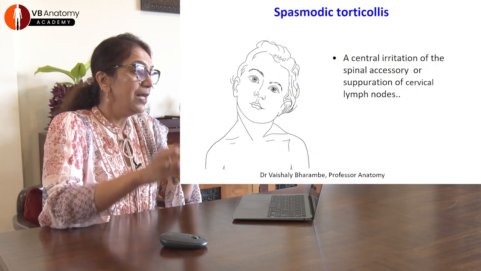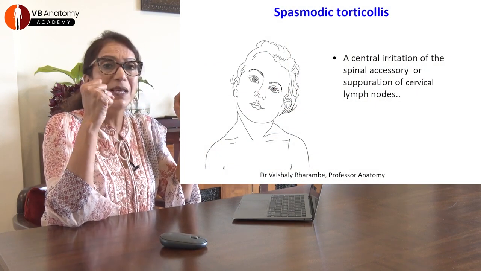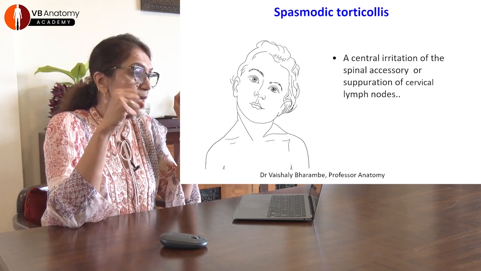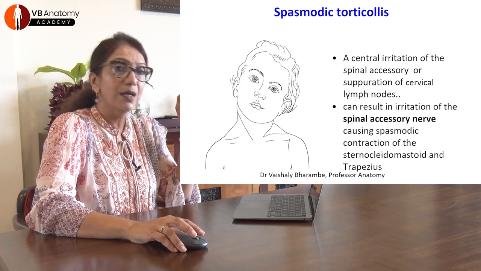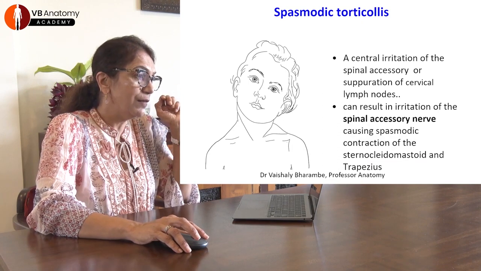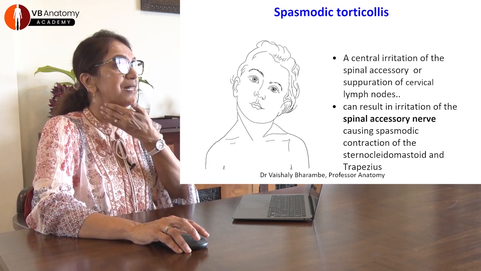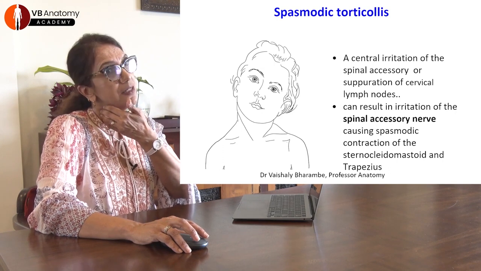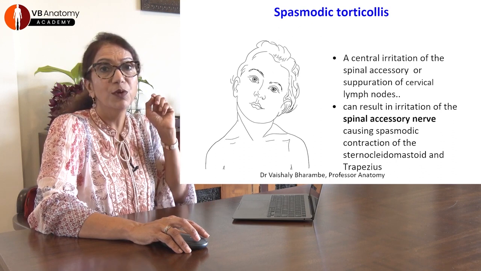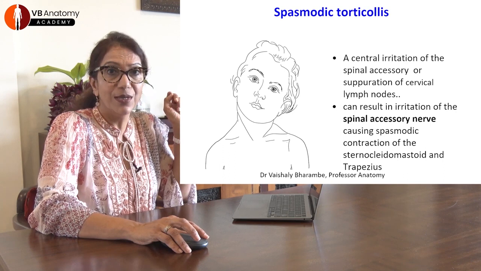Let's talk about irritation of the spinal accessory nerve causing what is called spasmodic torticollis. Okay, so these lymph nodes might be suppurated. They will irritate the spinal accessory nerve lying close by. This irritated nerve causes spasm of the ipsilateral trapezius and sternocleidomastoid, and the patient comes with what is called spasmodic torticollis.